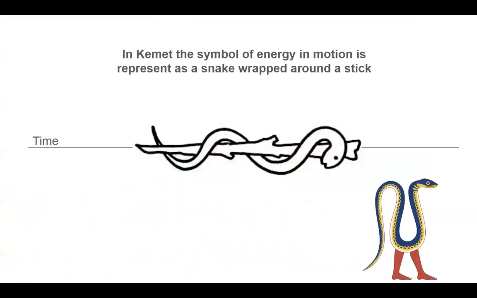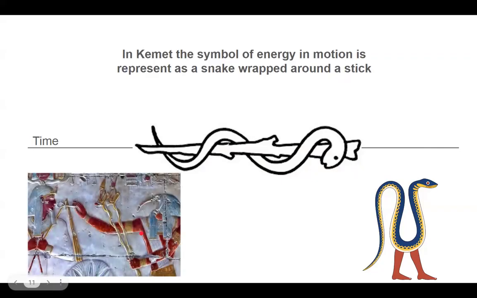Here is a hieroglyph that represents energy in motion. The serpent is a representation of energy, and you have the legs, which is energy in motion. This is what this symbol represents, energy in motion.